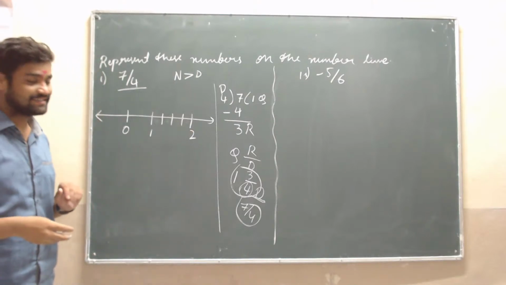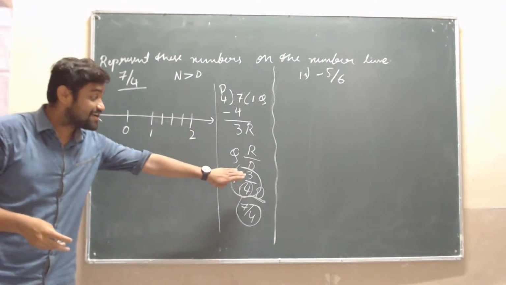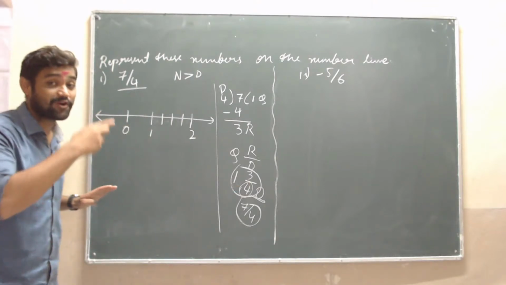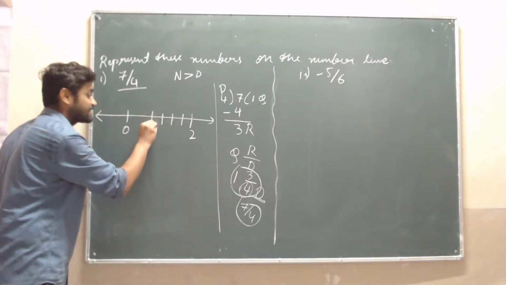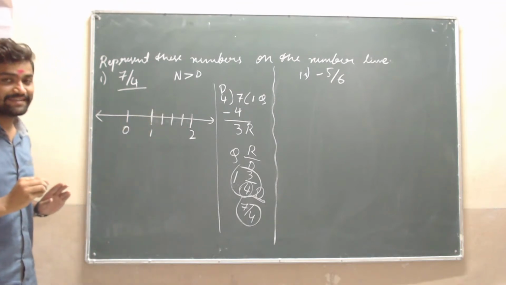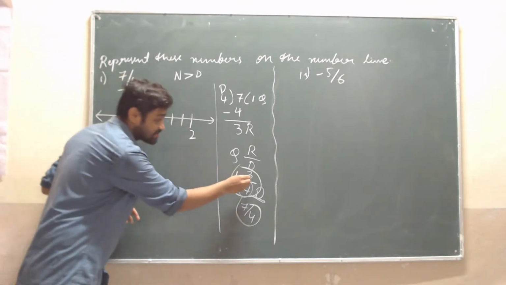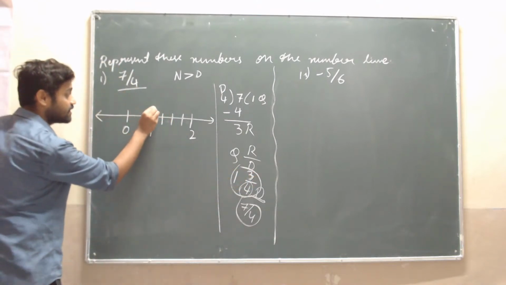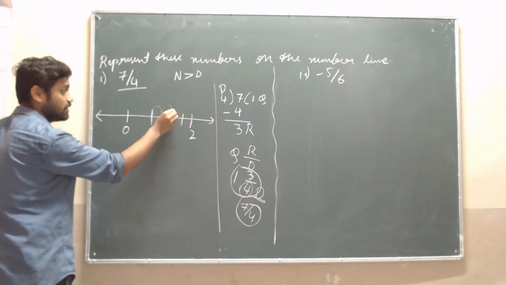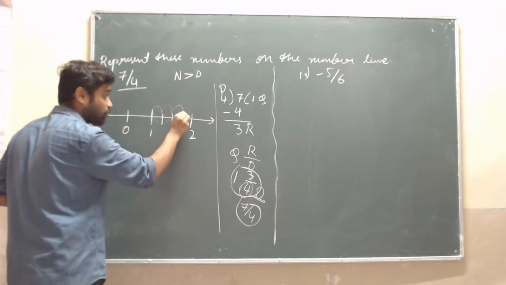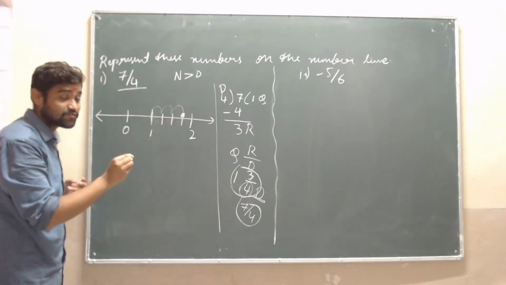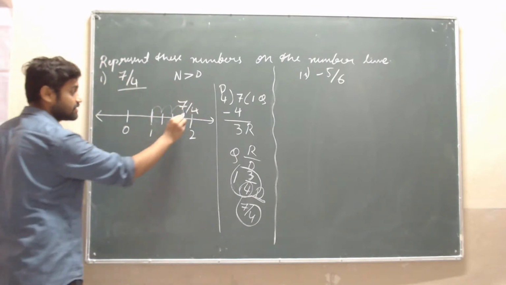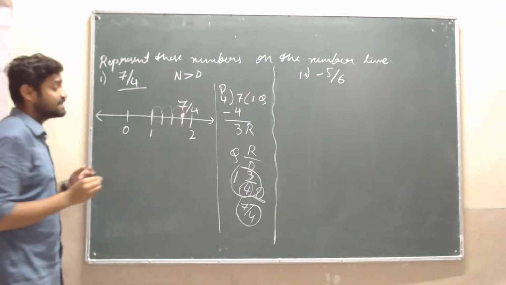The numerator indicates the number of jumps from the starting point. How many do we have to jump? 3. See here, 1, 2, and 3. And this third point indicates 7/4.